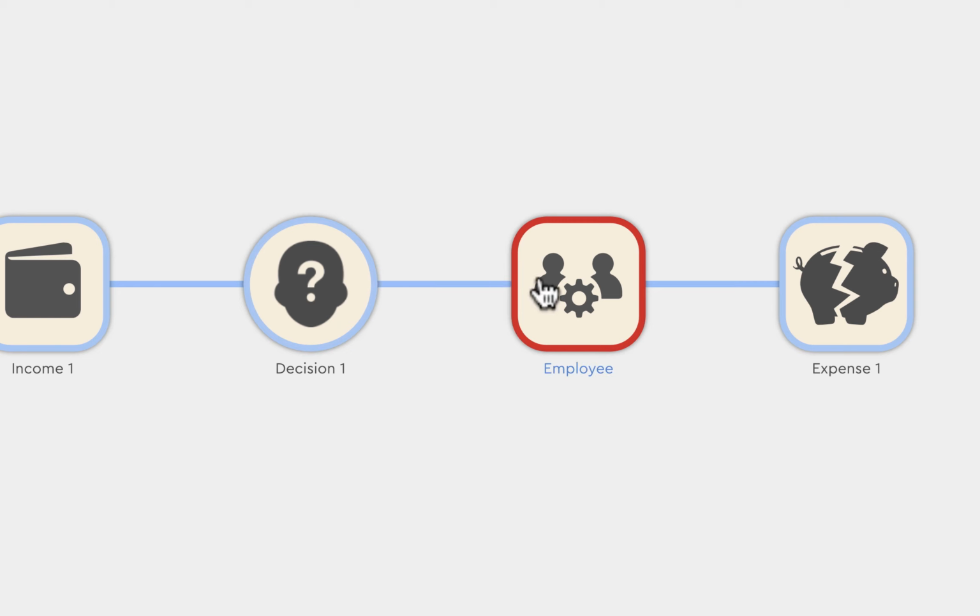We cannot branch or create an A-B type situation from any standard event. That can only be done with a decision event. So here now I'm going to take my employee event, and instead of adding a new one, I'm actually going to copy and paste.